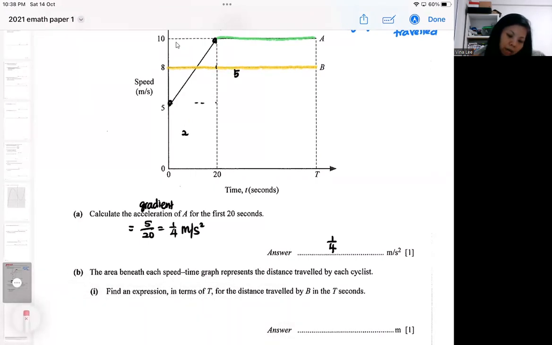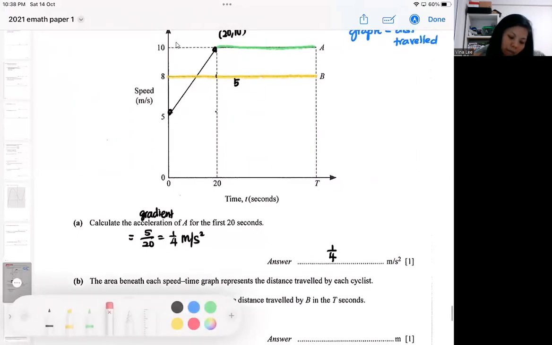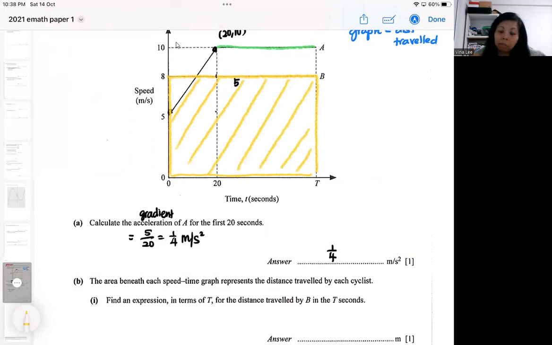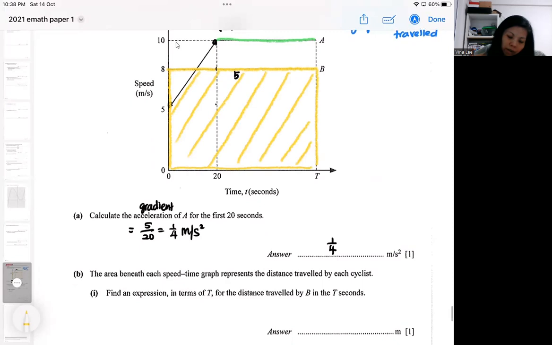If you go and color the area under B, which I'm going to do in yellow, you find that that's just a rectangle. So getting this area will represent the distance traveled by B. That is very simple. So the distance is the area of rectangle. So this one is not an issue. Most of you should be able to get it. You will see that it's 8 times P.